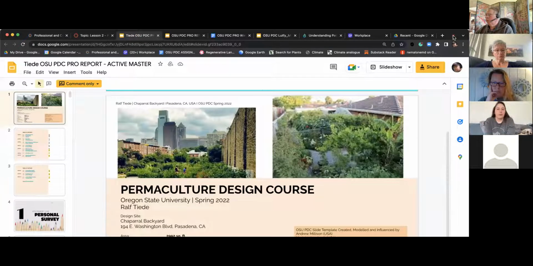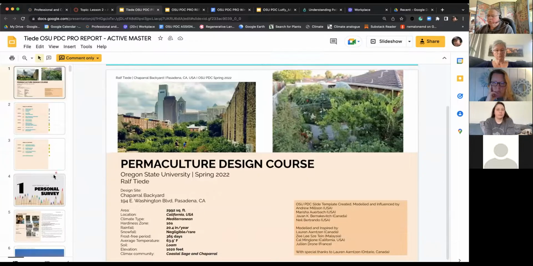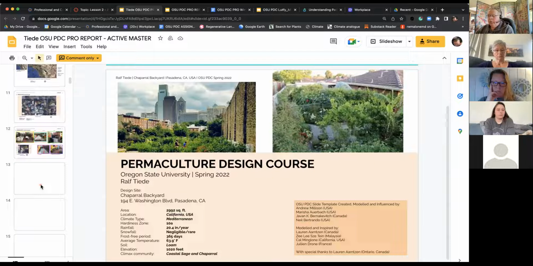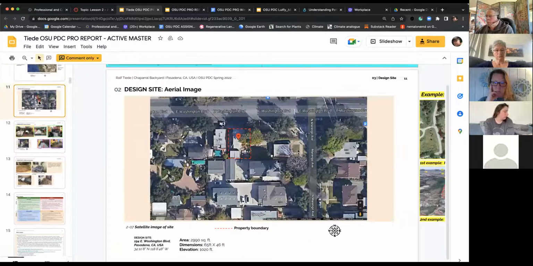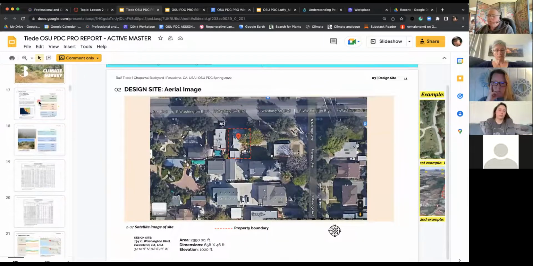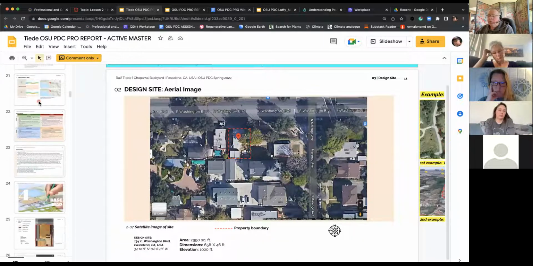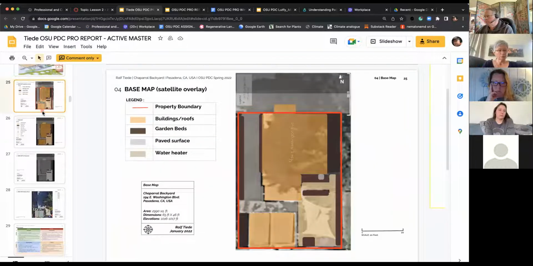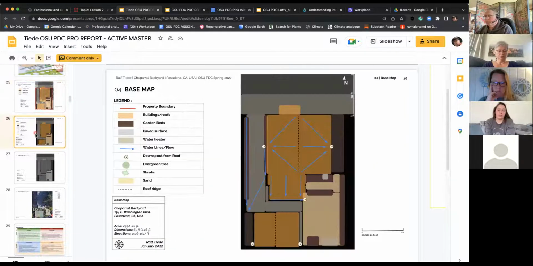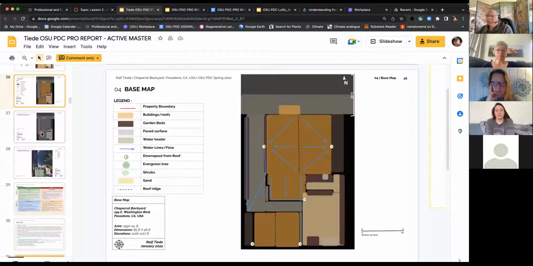All right. Well, we have Ralph's paper here. Let's see the base map. So not a lot of space.